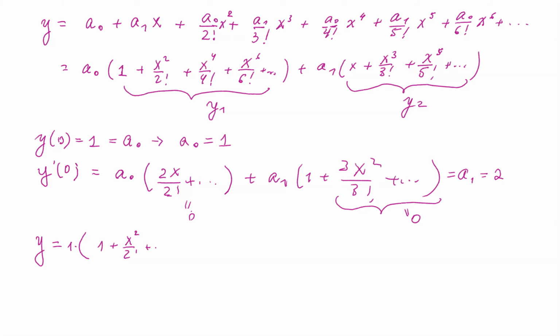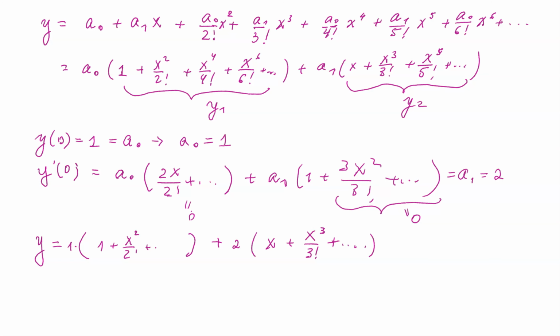I don't want to copy the series again. And for the second solution, we have 2 times x plus x cubed over 3 factorial and other terms, right? And we do have 2 solutions, and they are linearly independent, so we kind of solved everything.